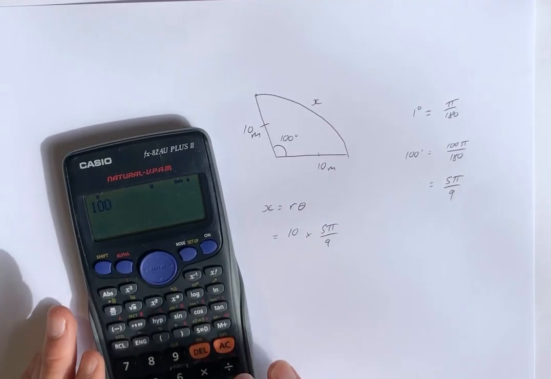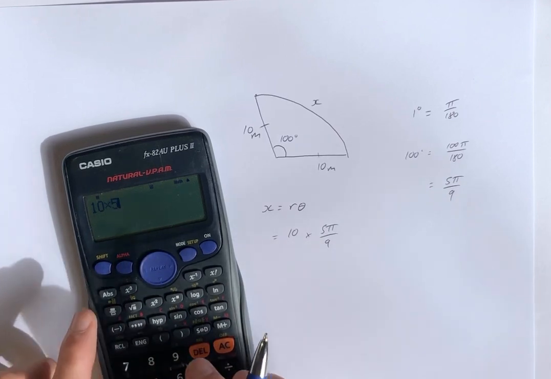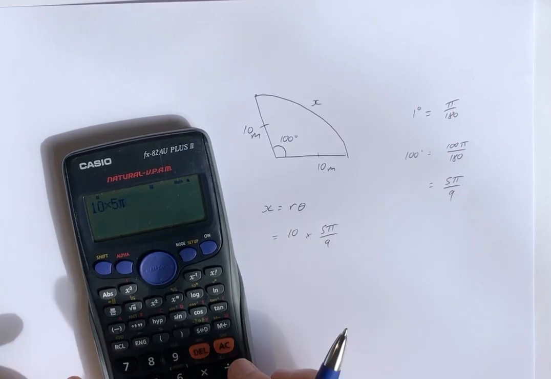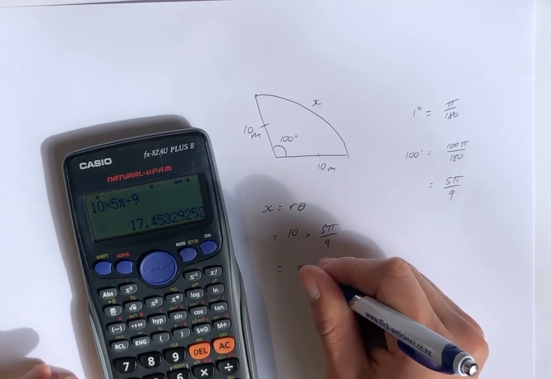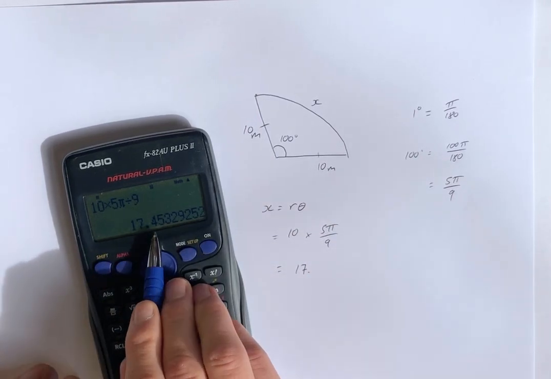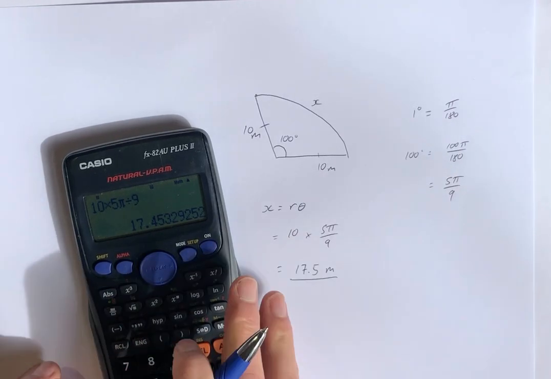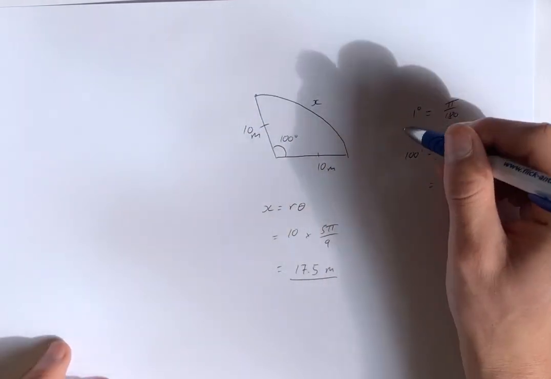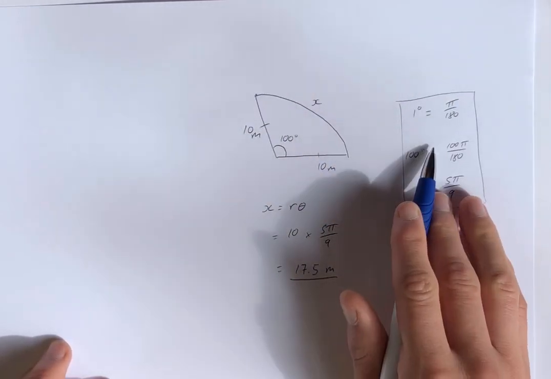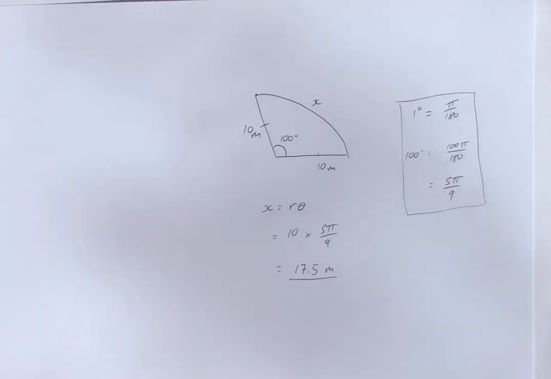Let's have a look at that. So 10 times 5 pi divided by 9. So arc length is 17.5 meters. So if it's in degrees, you just have to make a quick conversion, and then you can plug it into this really nice formula.